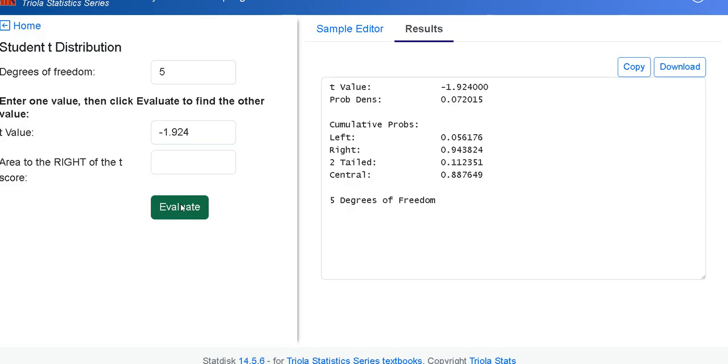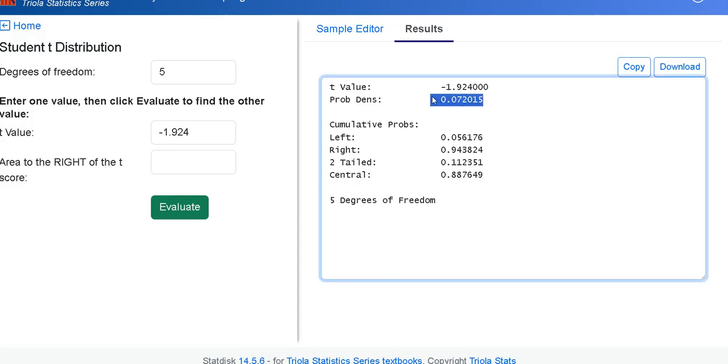What's our p-value for this one? The p-value is going to be this one. Somebody said 0.072. It's got to be the area in the left tail.